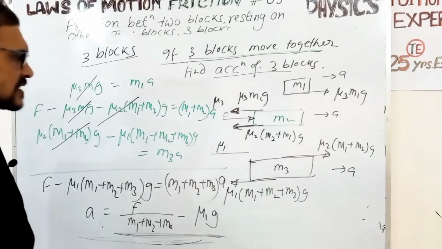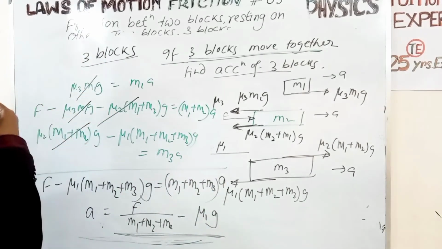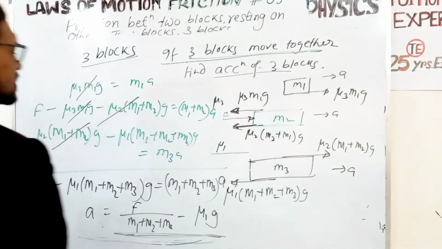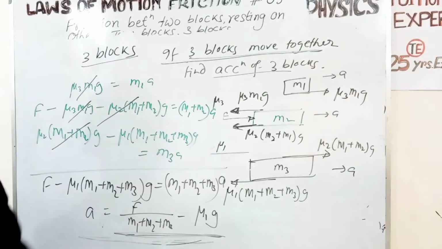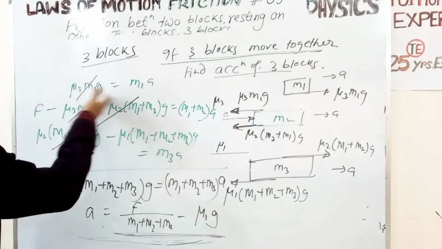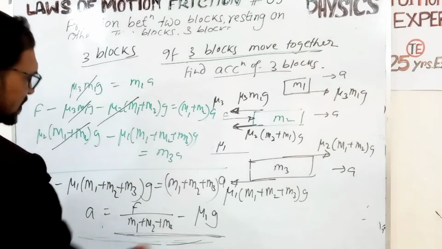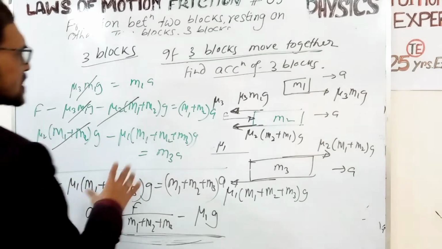So this is the result, the same result as discussed before. Now if the force is applied on the ground mass, then the answer will be the same. So you can solve the problem by the free body diagram. The answer will be the same if the three blocks move together.